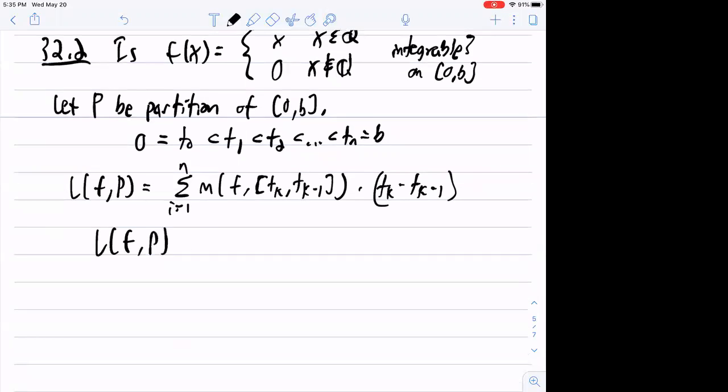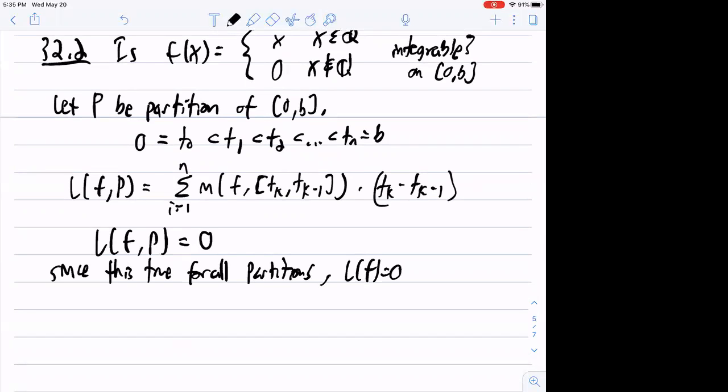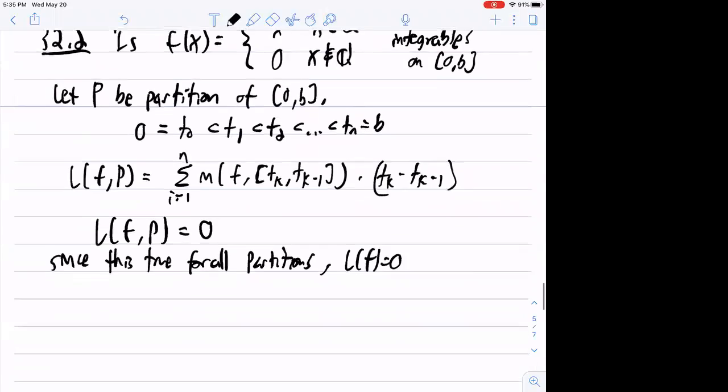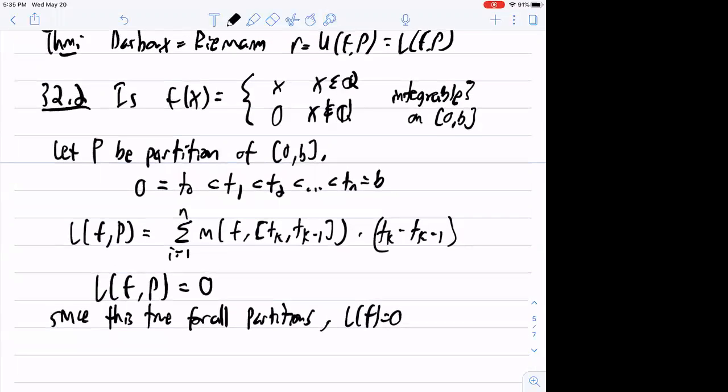And in fact, since this is true for all partitions, my partition was arbitrary, you get L of f is zero, even though we probably don't even need that. But you see here, U(f,P) has some positive things in it, right? The sup is just the largest number in the interval.